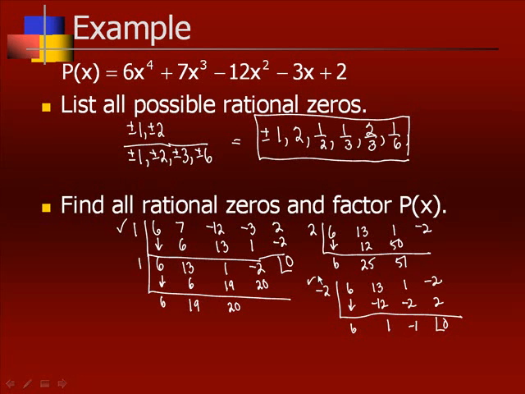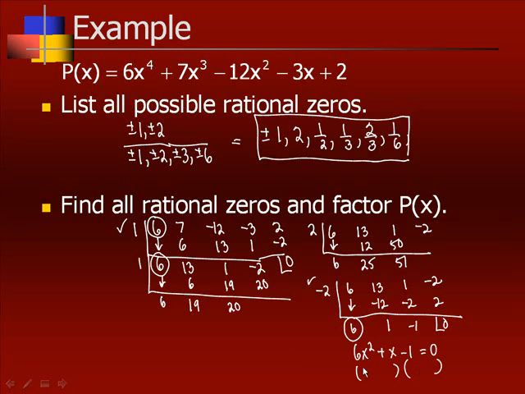So we found -2. Once you get it down to quadratic, remember this first one was an x to the 4th, which means this one was an x to the 3rd, which means this one's going to be an x to the 2nd. So what we've got is 6x squared plus x minus 1 equals 0.